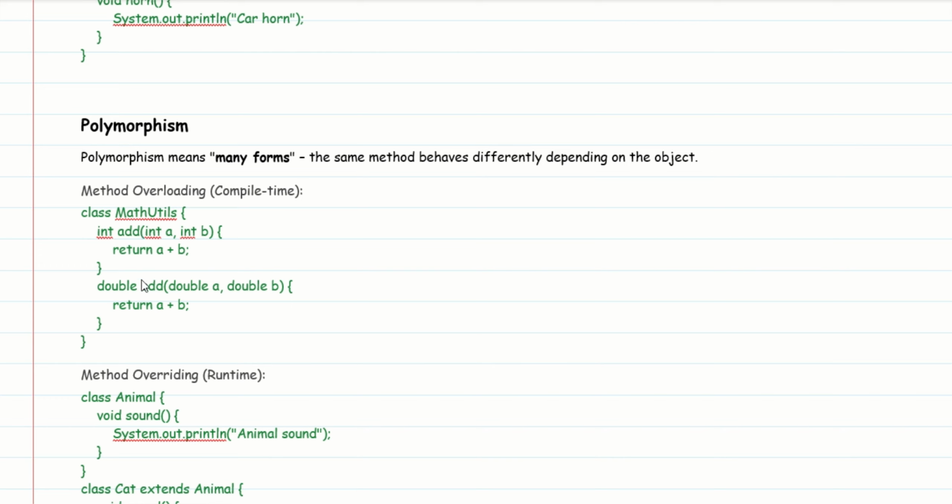So here is the example. Java decides which method to call based on the number of parameters, type of parameters, and order of parameters. Here you can see I have a MathUtil class with two methods with the same name, add. If you look at the parameters, one method has two int parameters and the other has two double parameters.